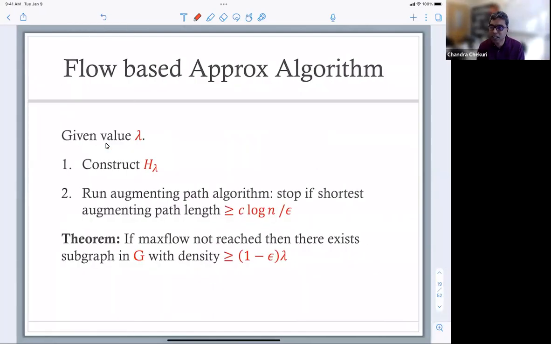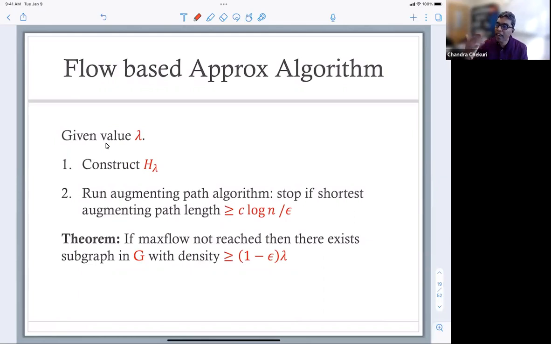So it's a nice observation about short augmenting paths being sufficient to get a good solution in this flow network. I think people know about matchings: if you don't have short augmenting paths, you're always close to optimal.